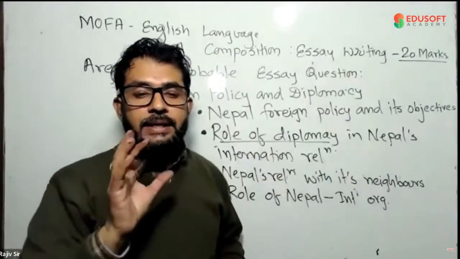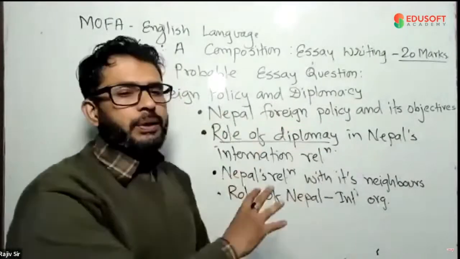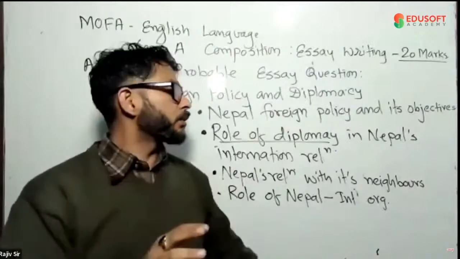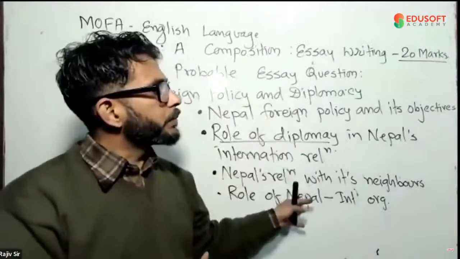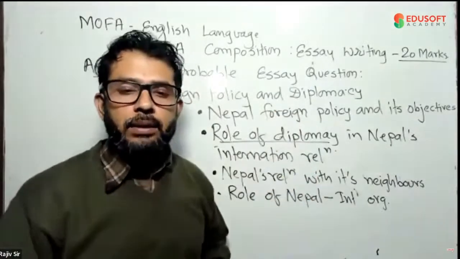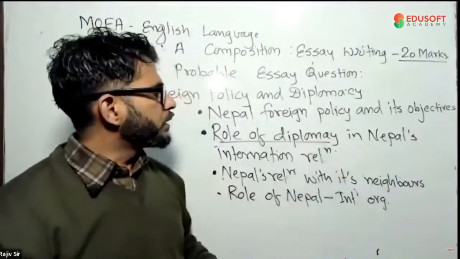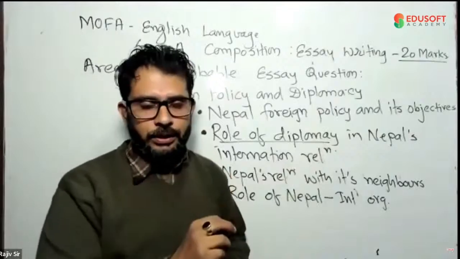And if the question is asked from foreign policy and diplomacy, I have given you 3 or 4 points, but whenever any essay is related to it, you are going to mention at least these things, then your essay will be completed. It is a 20 marks question, so you can easily hit the head of the question.